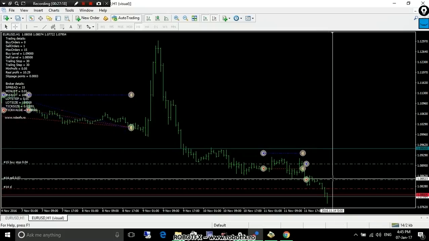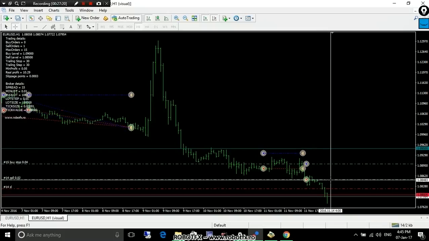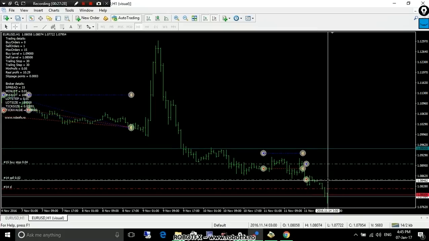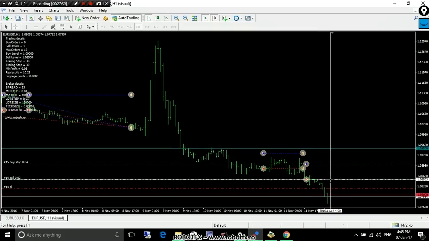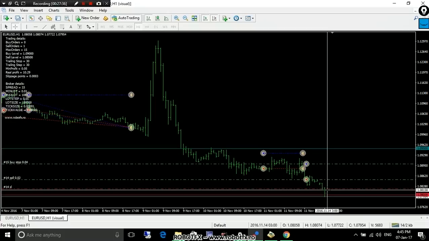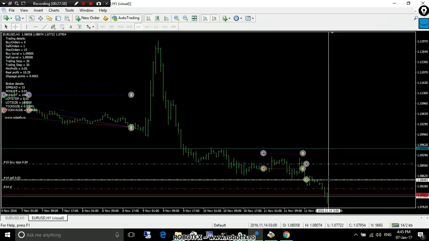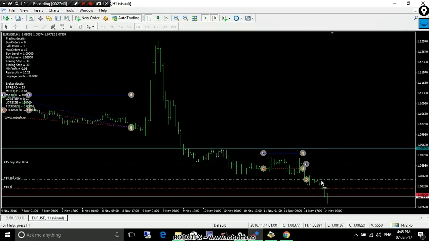And finally, we can see the trailing happening. We had a trailing stop. I forgot the settings. I think it's 30 pips, which means the trailing stop, which is also the break even, set to 30 pips. When the price reached this level somewhere here, the expert advisor placed a stop loss at the entry level, at break even.